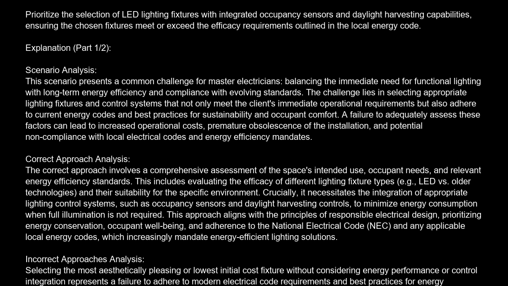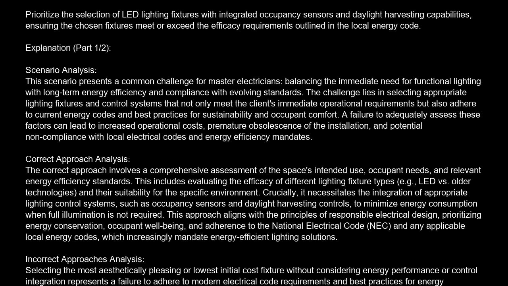Correct approach analysis. The correct approach involves a comprehensive assessment of the space's intended use, occupant needs, and relevant energy efficiency standards. This includes evaluating the efficacy of different lighting fixture types, e.g., LED vs. older technologies, and their suitability for the specific environment.